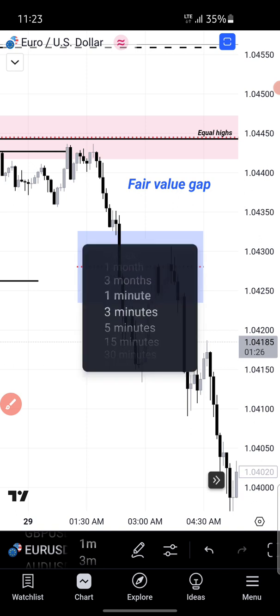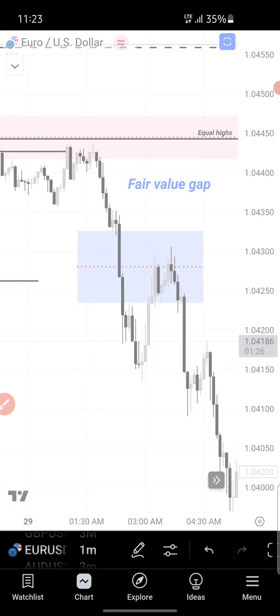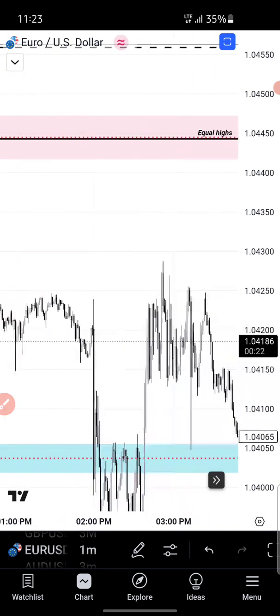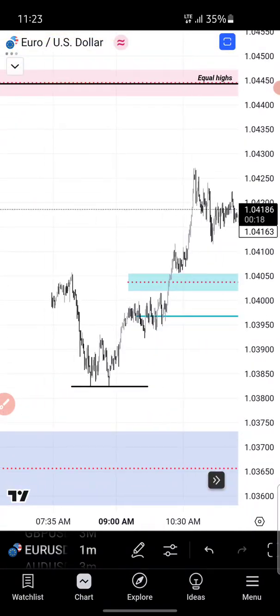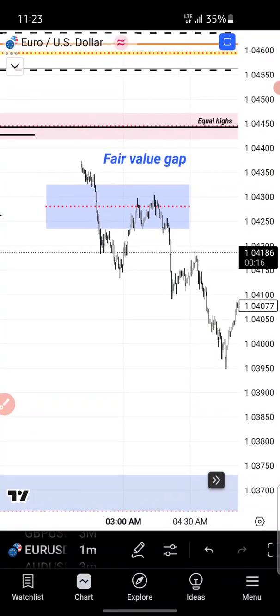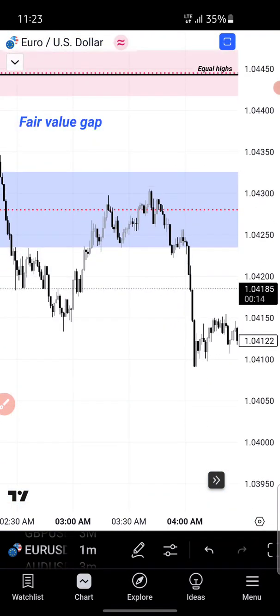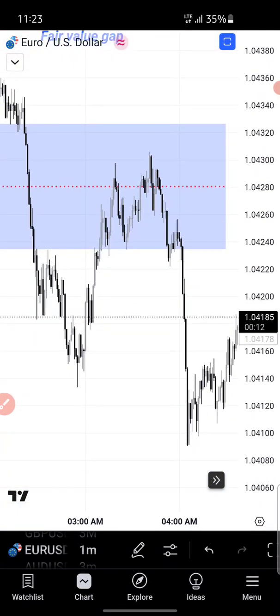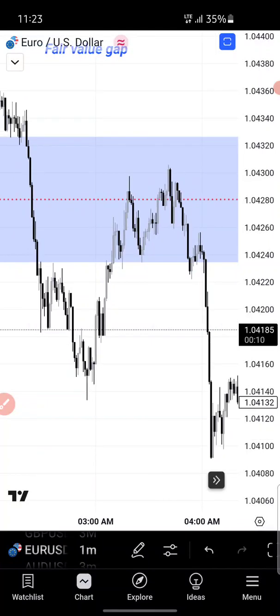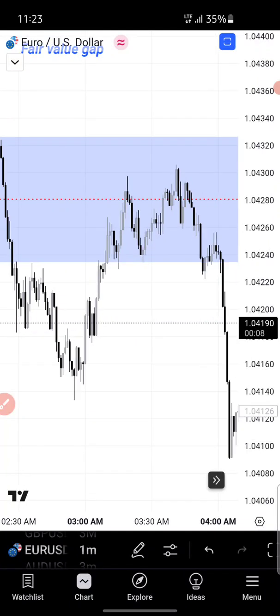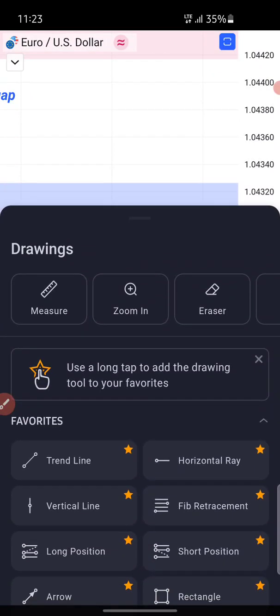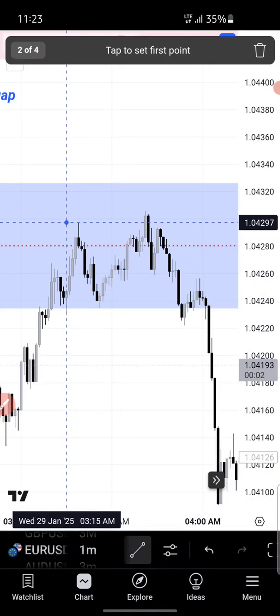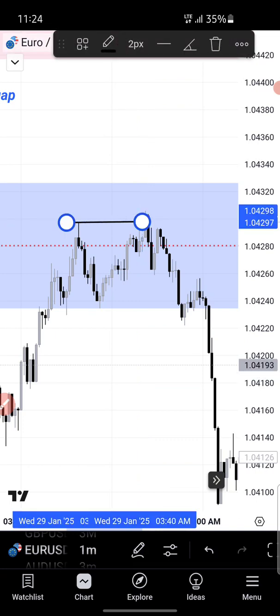So now if I move over to the 1 minute, you see something that is going to pan out. Now I actually took this trade on my account. Now if you watch carefully on the 1 minute after the big drop, what price did inside the 15 minutes fair value gap was that price took this high right here.